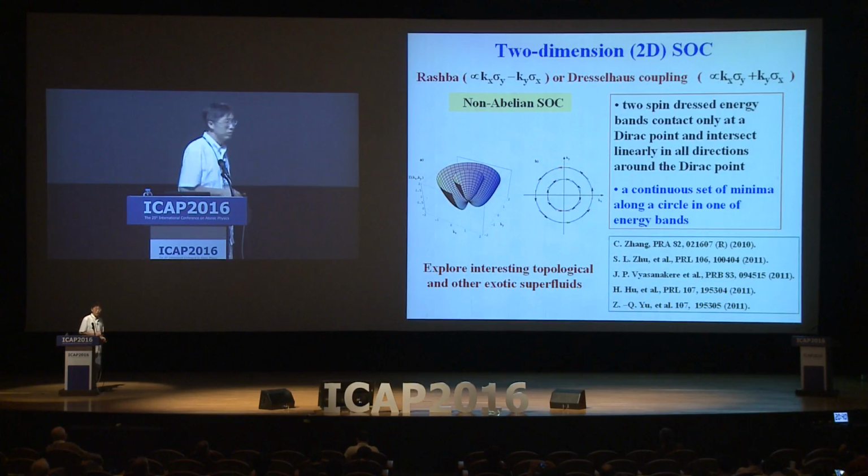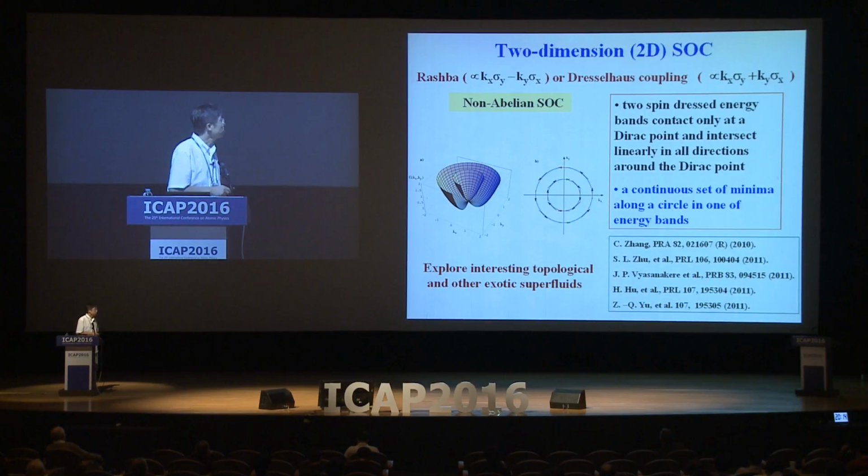Rashba or Dresselhaus couplings are the typical 2D spin-orbit couplings, which are non-abelian spin-orbit couplings, originally present for 2D free electrons in the presence of a uniform perpendicular electric field.